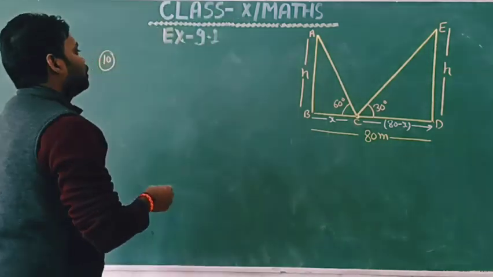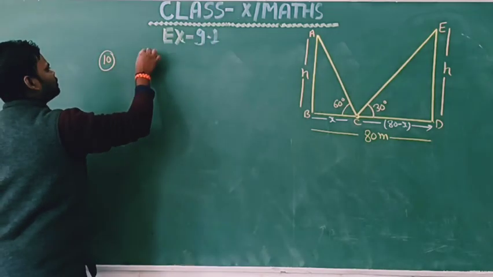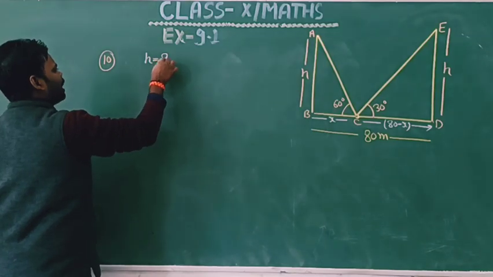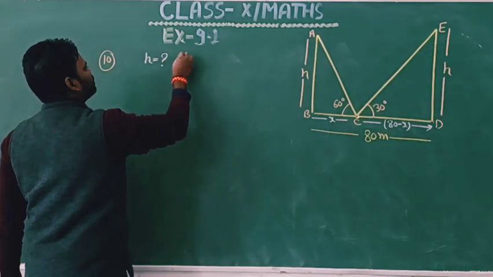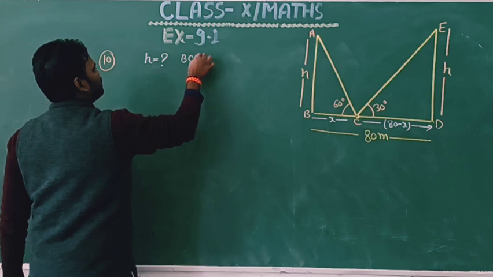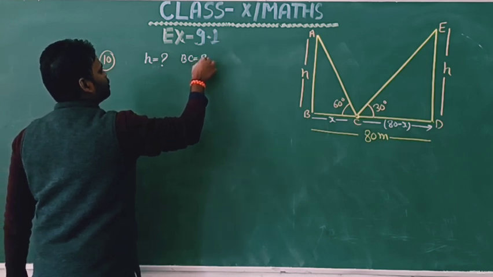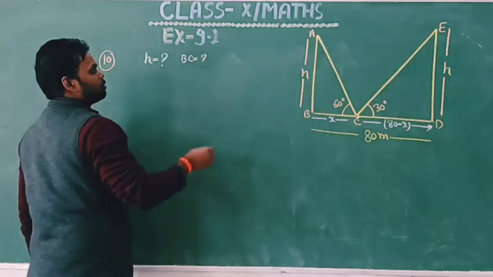We need to find the height of the pole and BC and also CD.